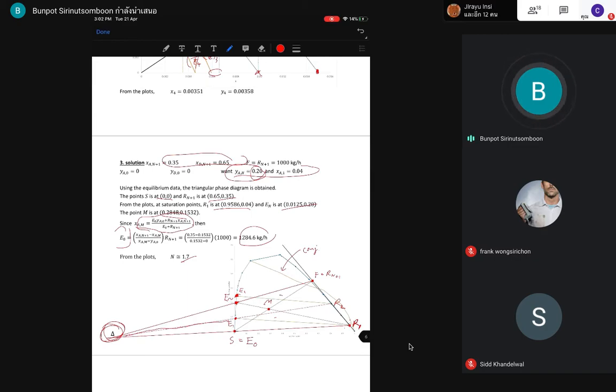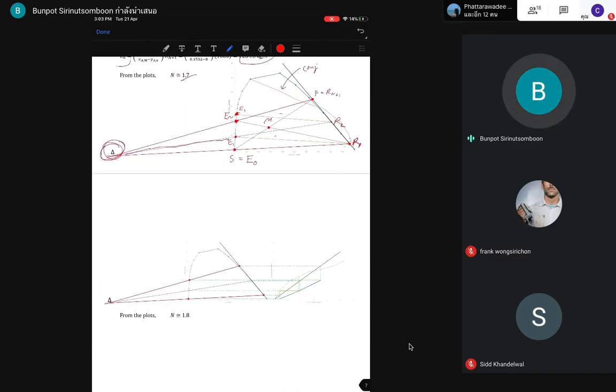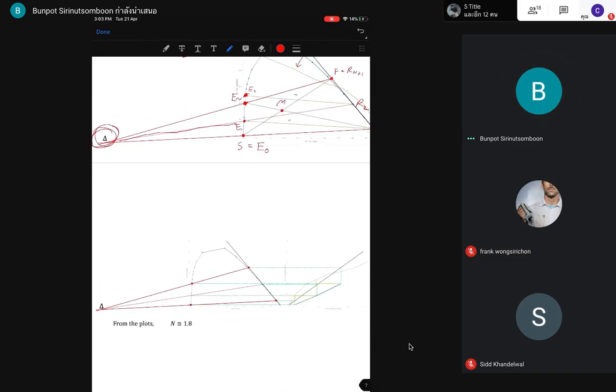Okay, and also I use another graphical technique, like this one right here. I don't know if you can see it. For this one, I use the Mackett plot in combination with the triangular diagram.